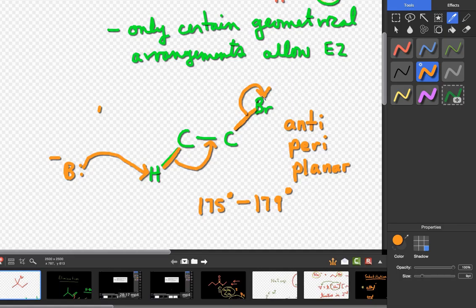The E1 mechanism has no such constraints. But nature simply doesn't utilize E1 mechanisms like it uses E2 mechanisms. In fact, you don't have to look very far in nature to find E2 mechanisms.